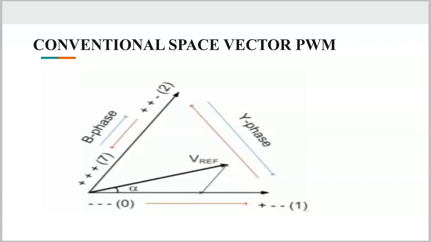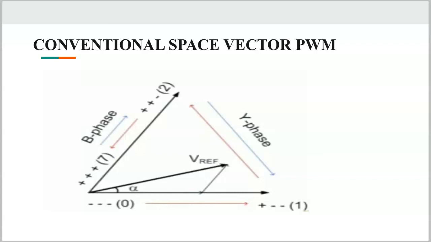We stay here for t2 seconds and then switch the B phase and reach here, and we stay for the remaining tz by 2 seconds, at plus plus plus, which is represented as 7 and is called a null vector. This is the conventional space vector PWM, which then reverses back through the B phase.